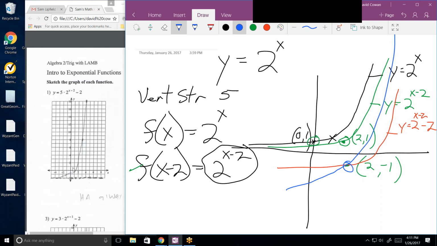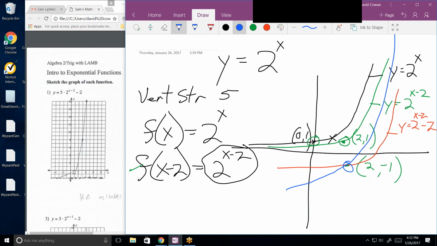Let's make sure, though, that we get the y-intercept proper. Notice that the only point I worked with was this original (0, 1), and I moved it either to the right or down.